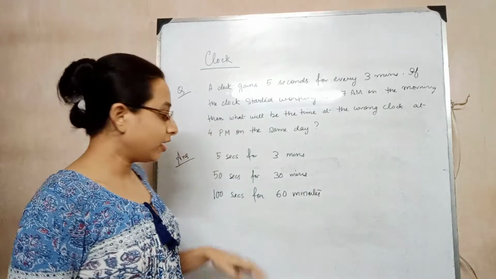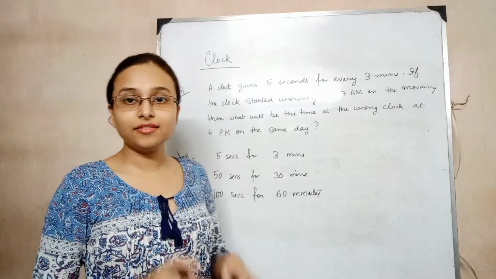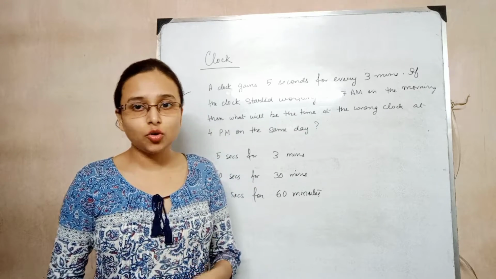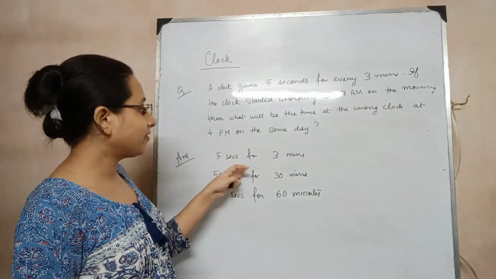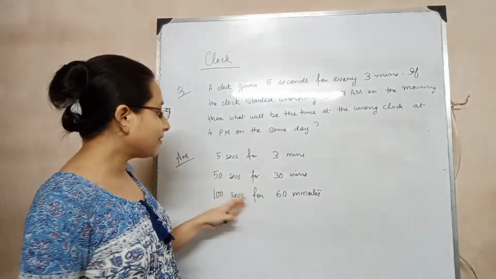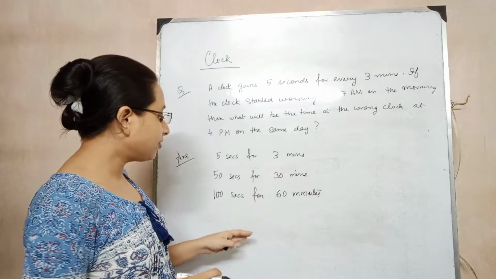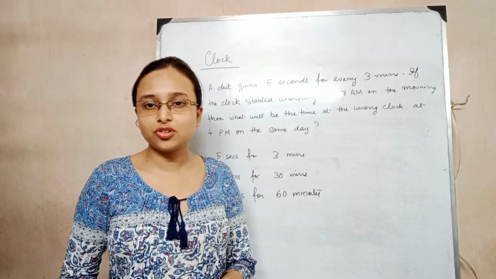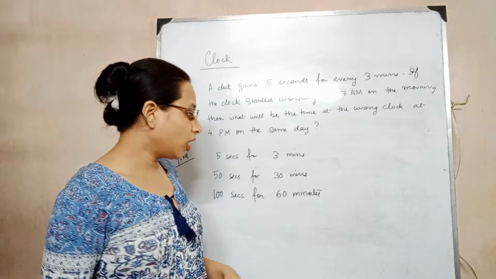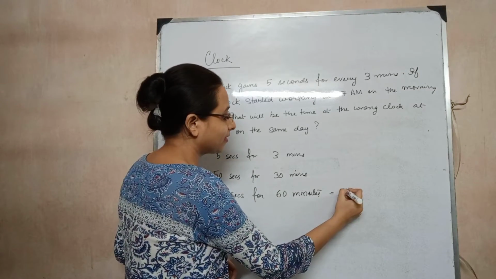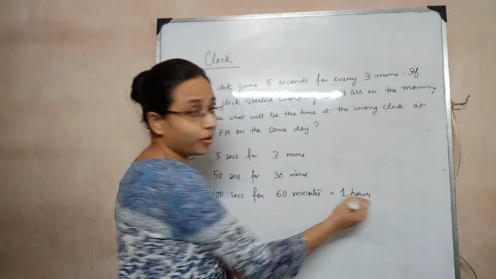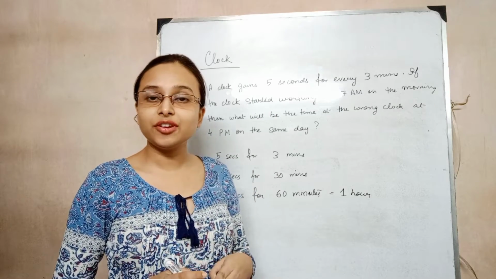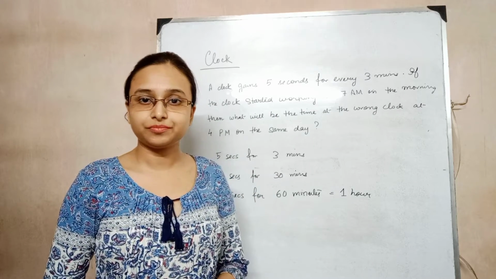Right? So, it will gain 100 seconds for 60 minutes. Okay. Now, we already know, if this is the logic, 5 seconds for 3 minutes, 50 seconds for 30 minutes, 100 seconds for 60 minutes. Basically, we are going by ratio and proportion concept. So, accordingly, 60 minutes, we know that 60 minutes is 1 hour. Right? So, it will actually gain 100 seconds in 1 hour.